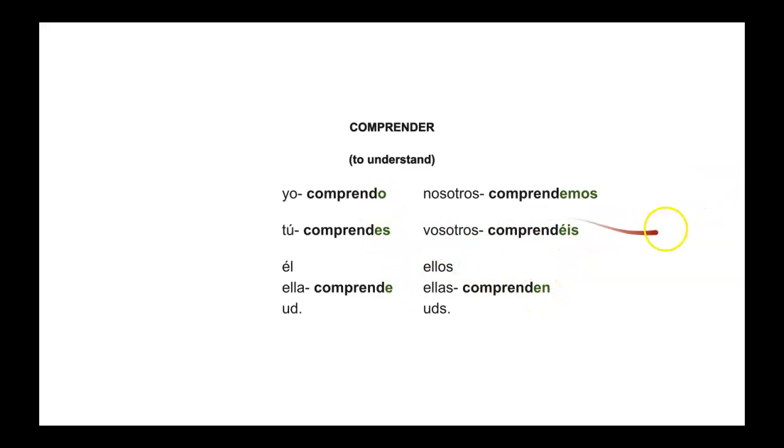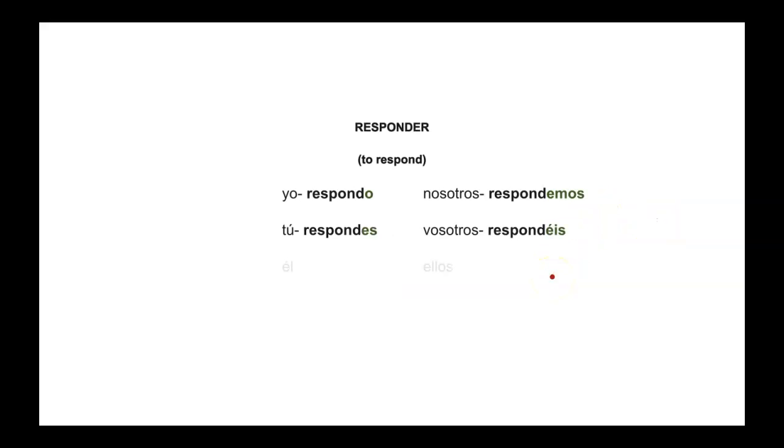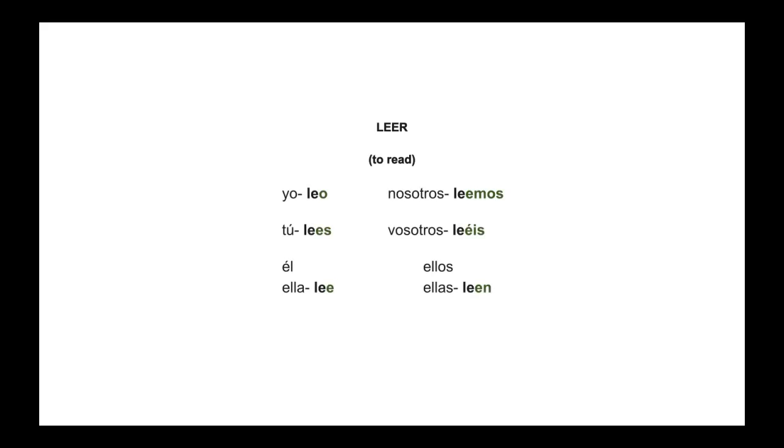O, es, e, emos, éis, en. Same thing with responder. And leer, which I had you do 6 ways by yourself. Leo, lees, lee, leemos, leéis, leen. So this was just to get you used to the ER endings as opposed to the AR endings.